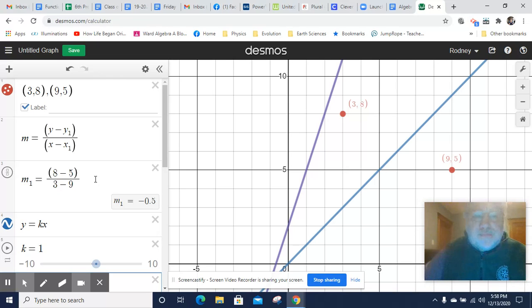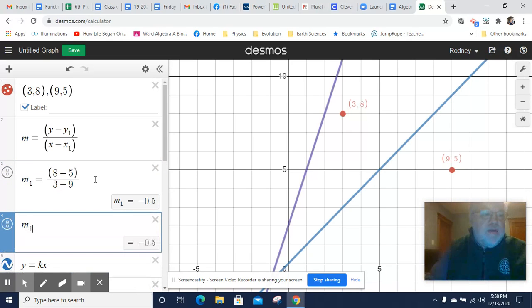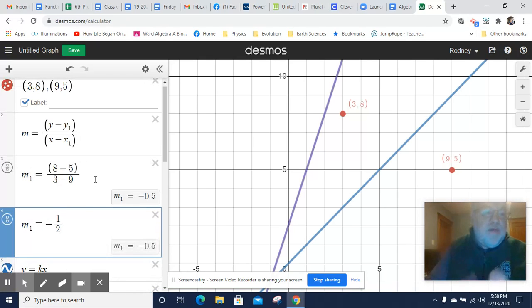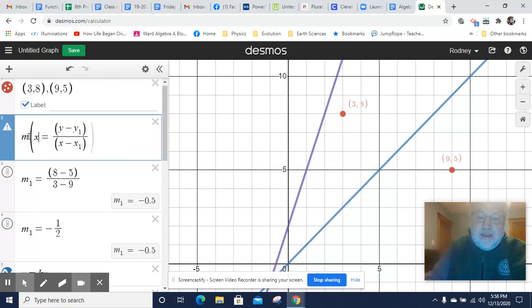Now, I'm just going to make note of that. So the slope for this equation is negative 1/2. Okay, we know that to be true based on what we just calculated. However, how can we take advantage of this and make a line equation for this? Well, you might notice that this x minus x1 is in a denominator, right? Well, we could rearrange this by multiplying both sides by x minus x sub 1, okay?